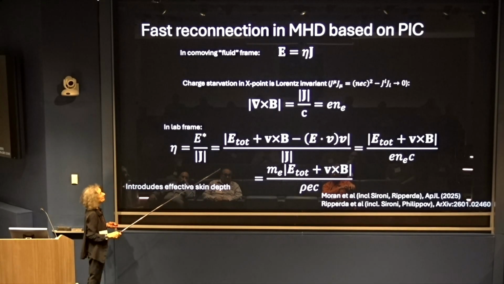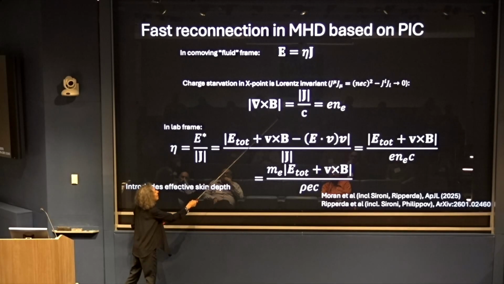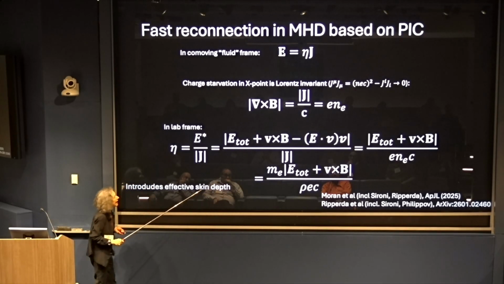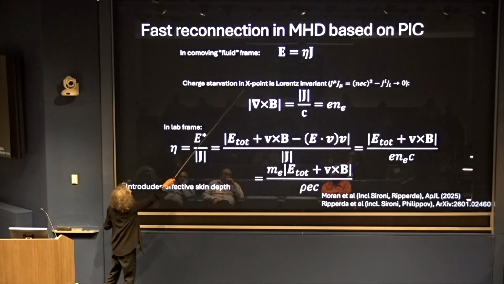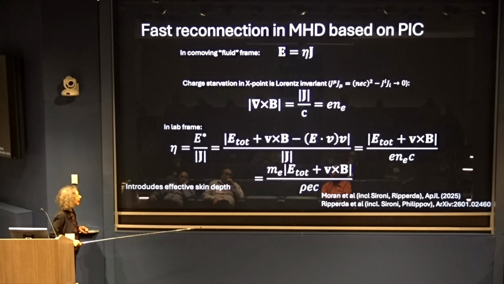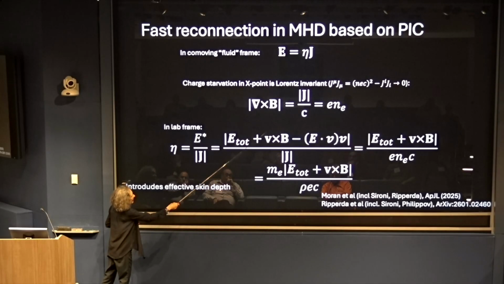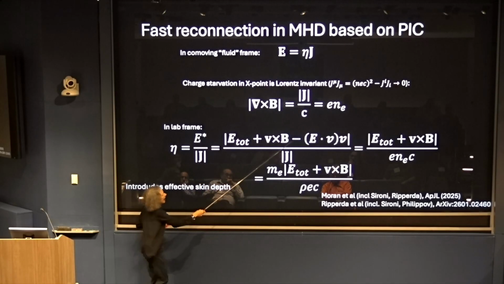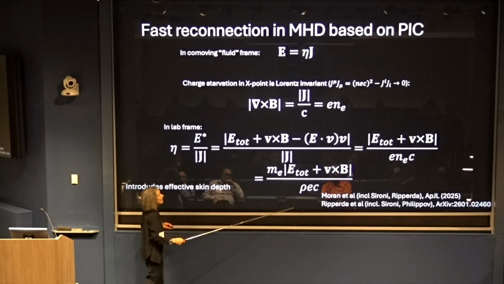So the criterion for applying this charge-starved prescription is that there be a non-ideal electric field. So the ideal electric field is the one that you have when you go to the observer's frame, and it can be manipulated into this form. So now we have the relativistic versions of the Ohm's law.